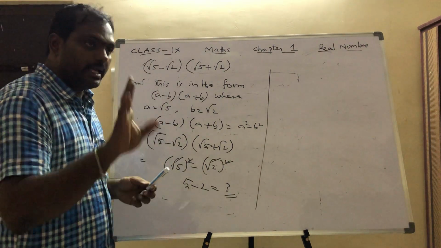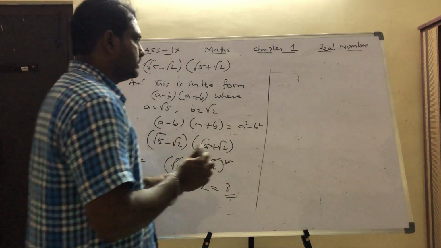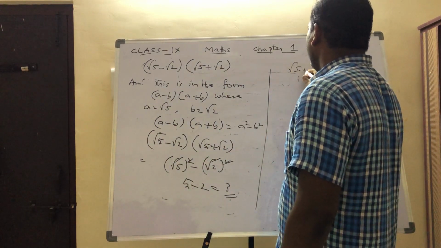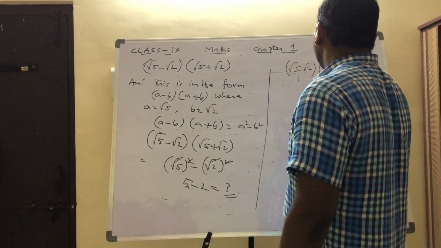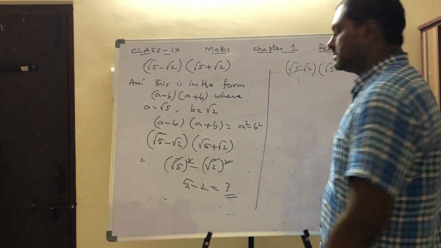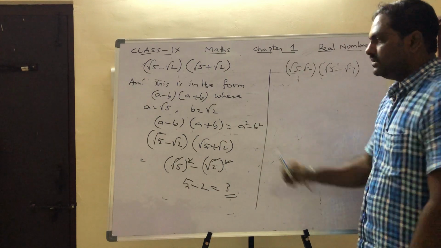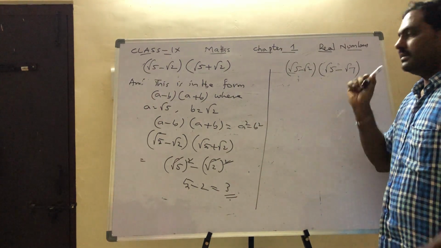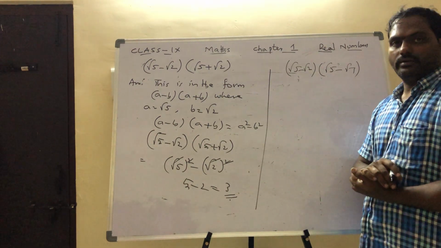If the same question is given in a different manner, suppose root 5 minus root 2 into root 5 minus root 7, will you follow the same method or a different method? You have to follow a different method. Which method, do you know?